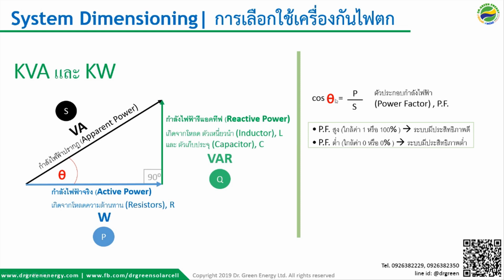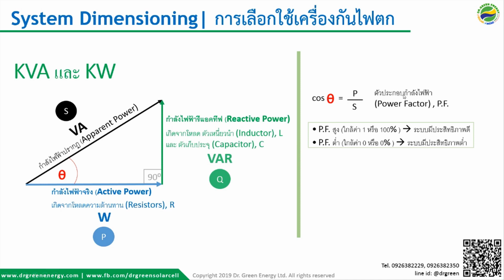So the first one we will talk about is the power factor. Power factor is equal to the active power divided by the apparent power. Okay?